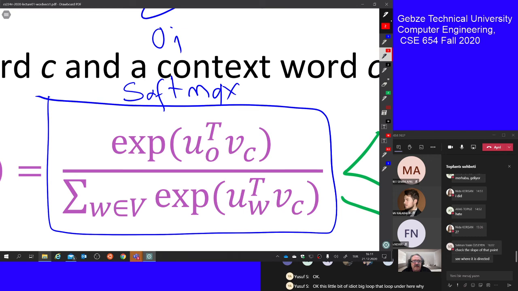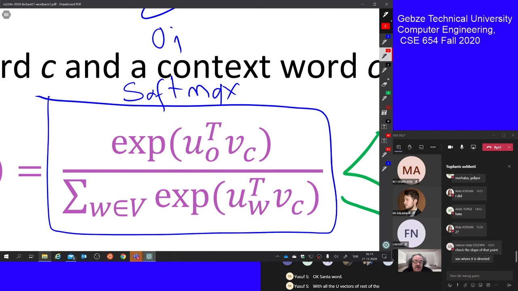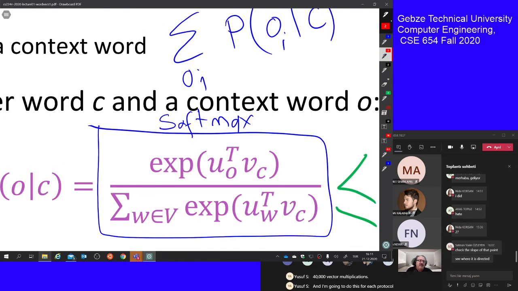Because I have to multiply my WC, the center word, with all the U vectors of the rest of the dictionary. That's going to be very, very costly. We are talking about 40,000 vector multiplications, and I'm going to do this for each probability calculation. That's too expensive. So they came up with this idea.